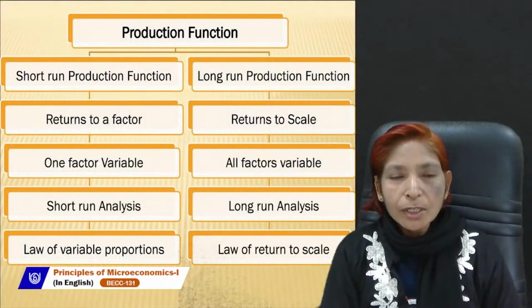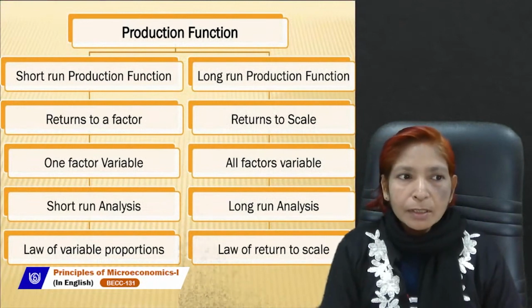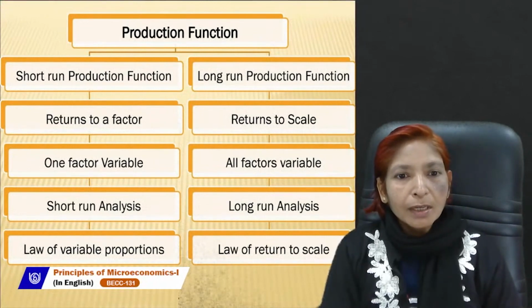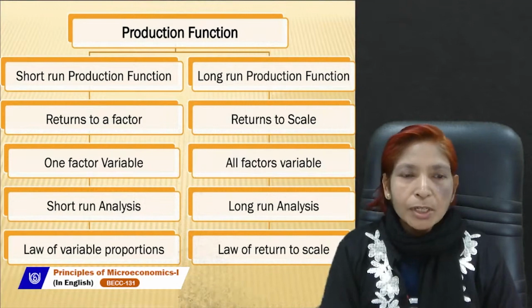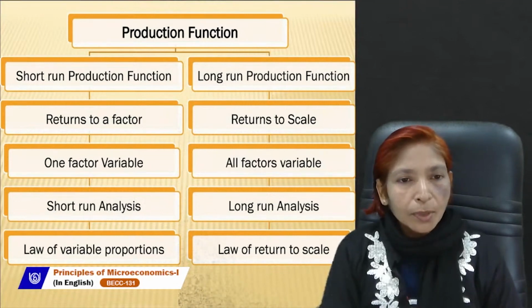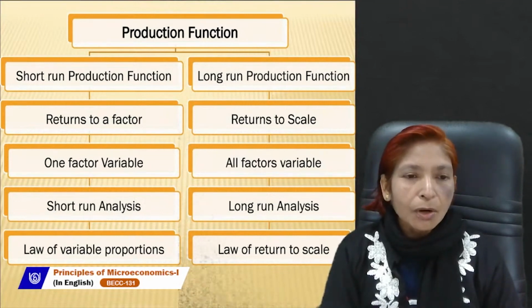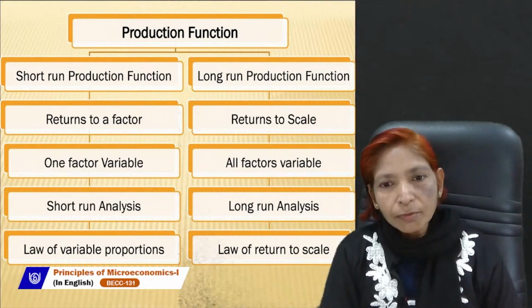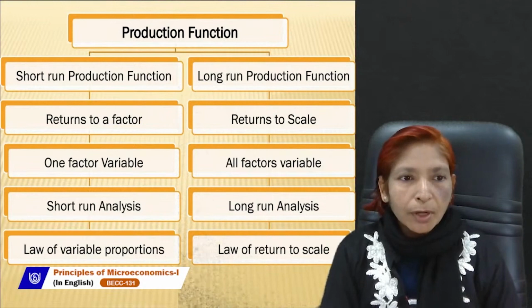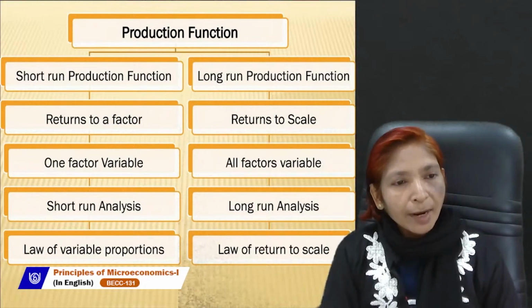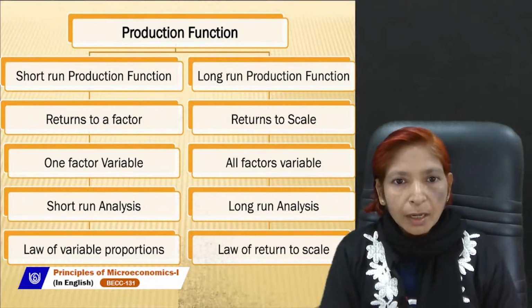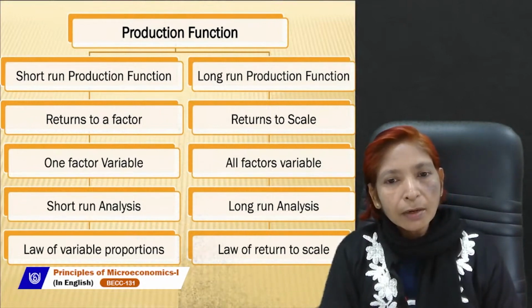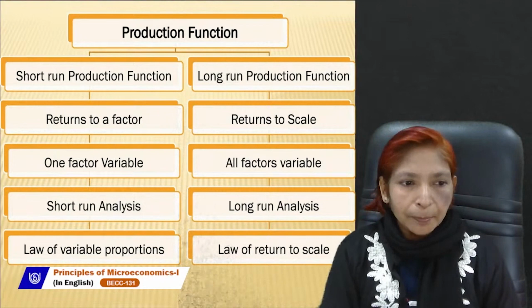Next is production function, which we can show with the help of this chart. Production function is divided into two categories: short run production function and long run production function. In the short run production function, returns to a factor is applicable, and long run production function is related with returns to scale.